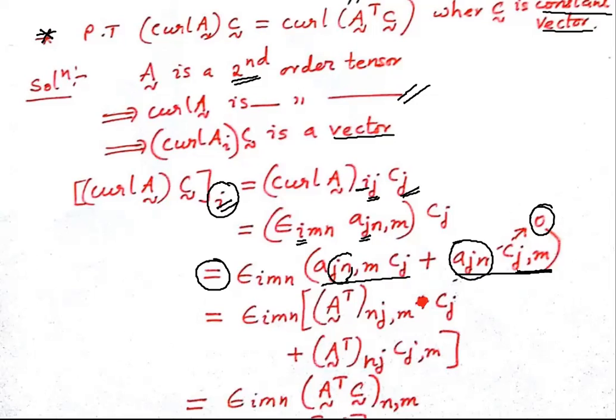So, plus as it is, I am putting A transpose. When I'm putting A transpose, I should interchange the suffix, so I should take nj and Cj comma m as it is.